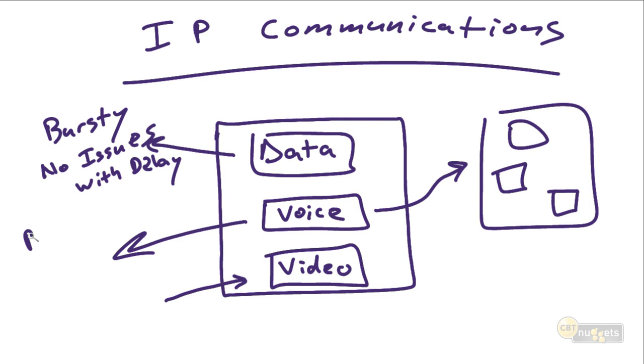Voice traffic, we say, is benign, meaning it's not bursty, it's smooth, it's just kind of harmless on the network. It's going to be at a pretty steady rate. But of course, delay is a major issue. So we need to break these services up modularly because they have some pretty dramatically different requirements.